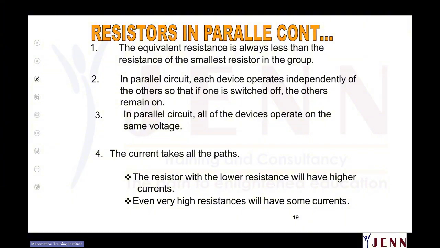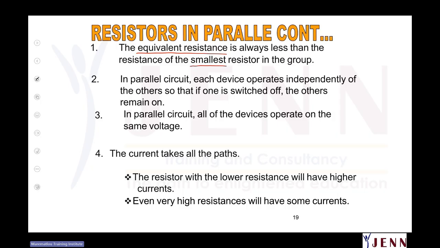In parallel connections, we can note the following: the equivalent resistance or effective resistance is always less than the smallest resistor in the circuit. It will always be less. So that means with a parallel connection, we are reducing the resistance. The total resistance of the parallel connection will be smaller than the smallest resistor in that group.